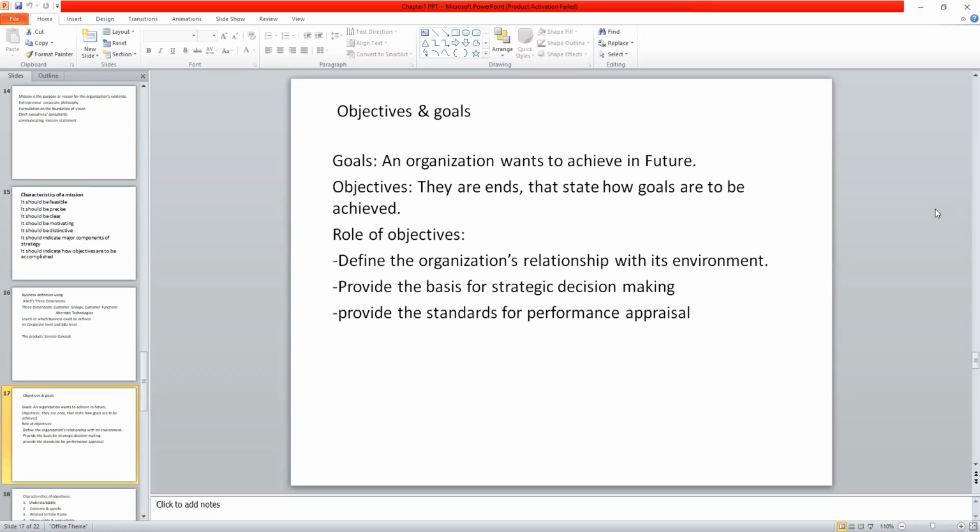So now, when I say that the company wants to move ahead with more profits, that is the goal. Objectives may be the transformational part. Maybe in the coming quarter, the company would be moving ahead with 2% more profitability as compared to the previous quarter.